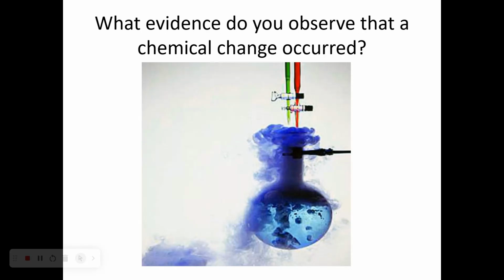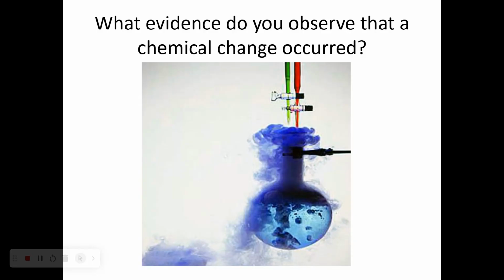Okay, so just to test your knowledge, what do you see here? What are some signs of chemical change that you might see in this picture? Kind of looks like we started with the red stuff and some green stuff, and we ended up with blue stuff. So that's color change. We've got some bubbles.